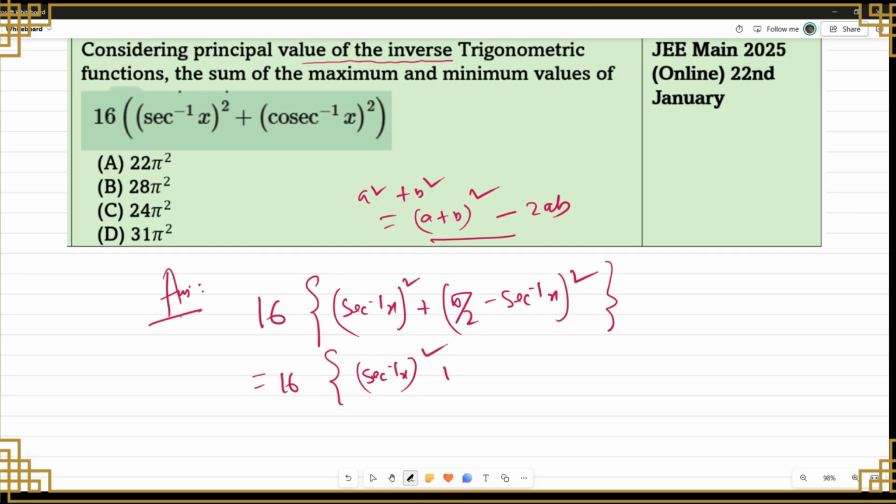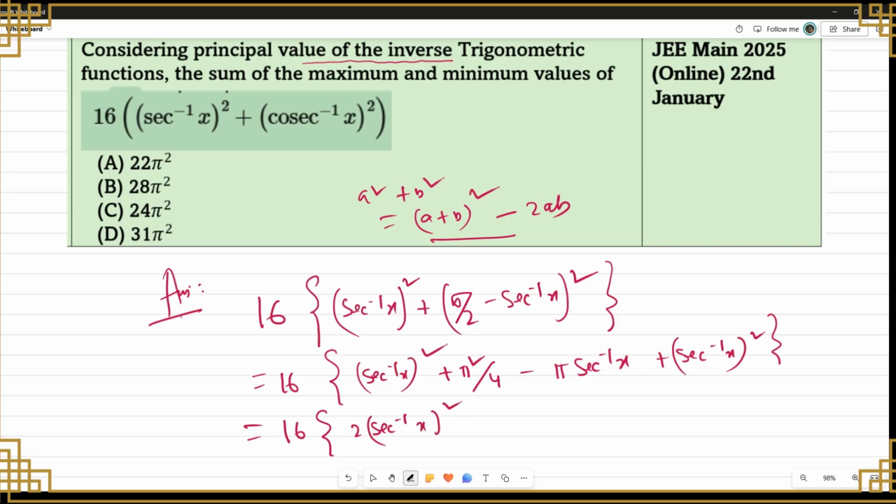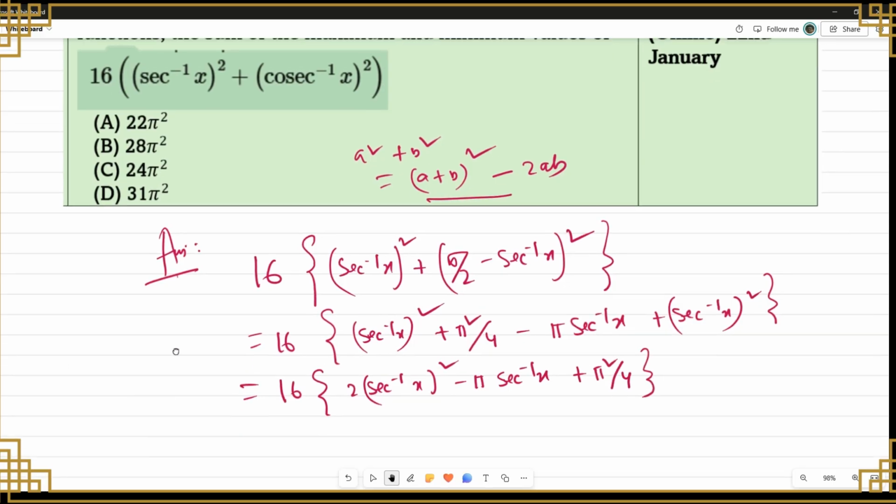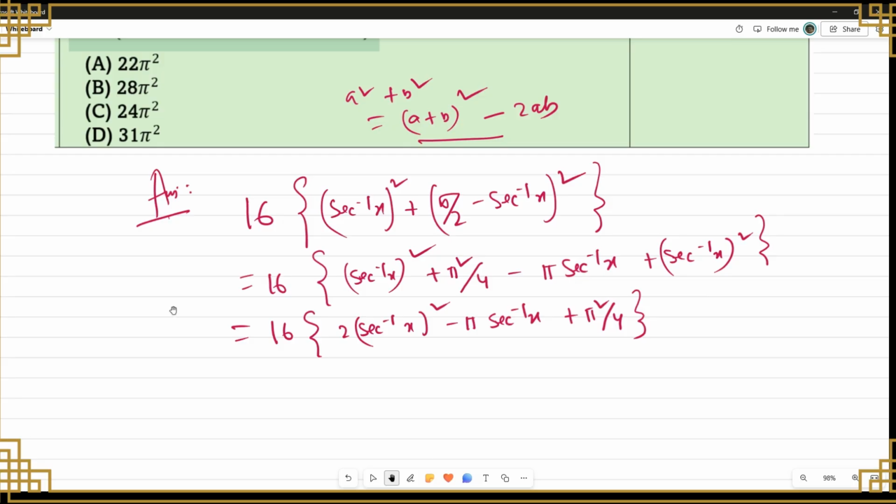Sec inverse x whole square, pi square by 4, pi sec inverse x. Okay, 16, 2 sec inverse x whole square, pi sec inverse x, plus pi square by 4. Okay, clear?